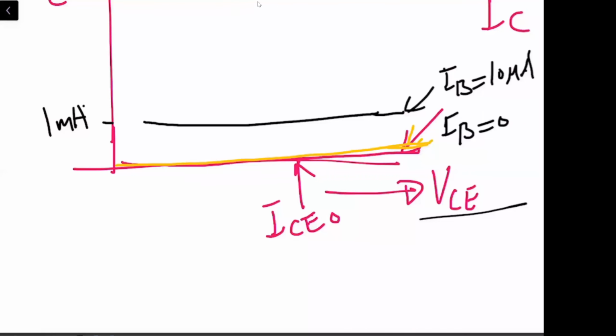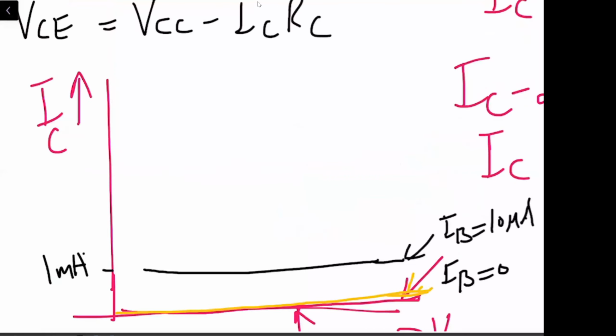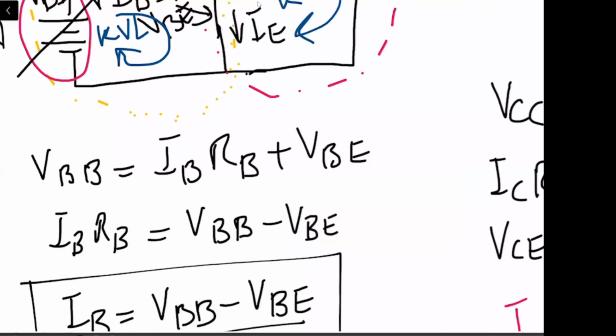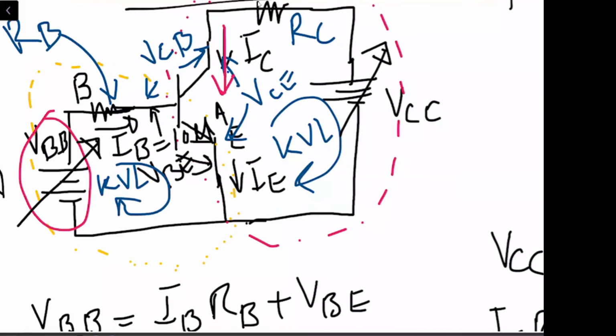Now, coming back to the circuit, we increase the value of the base biasing voltage, VBB. When we increase this VBB, the current in the base will increase.